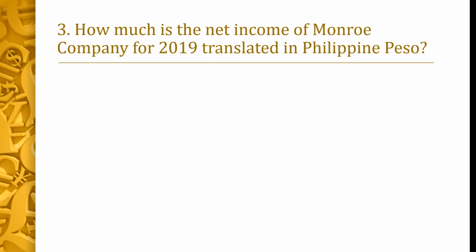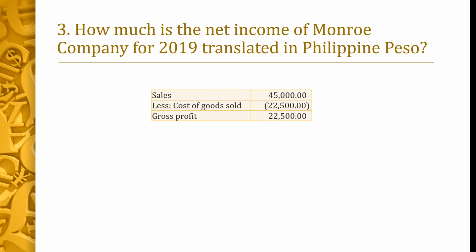Number 3, how much is the net income for 2019 translated in Philippine peso? Now, sa trial balance, we are given sales, cost of goods sold, operating expenses. So, paki-compute muna ang net income in US dollars. So, that is sales less CGS. Meron tayong gross profit na 22,500 less operating expenses of 12,500.